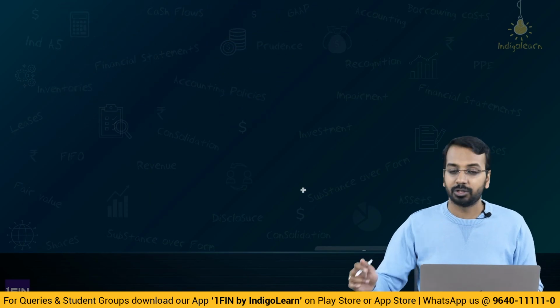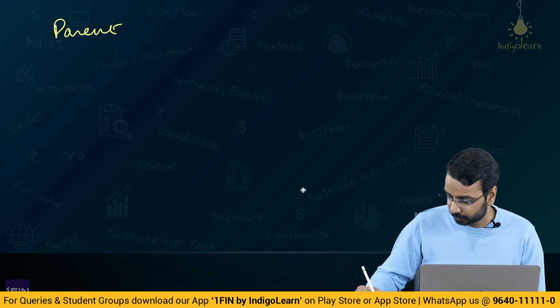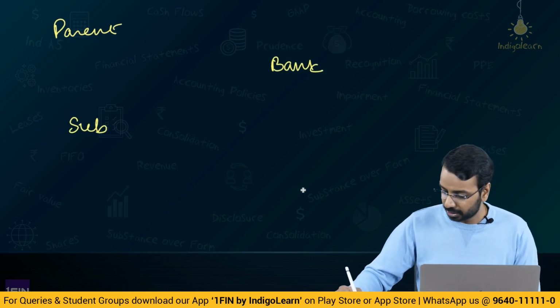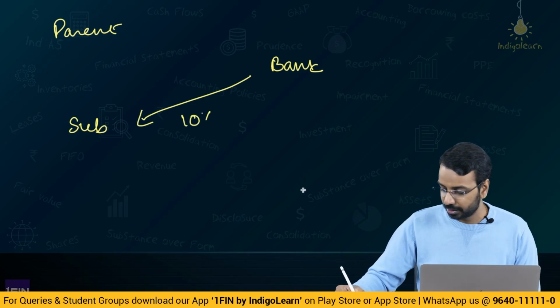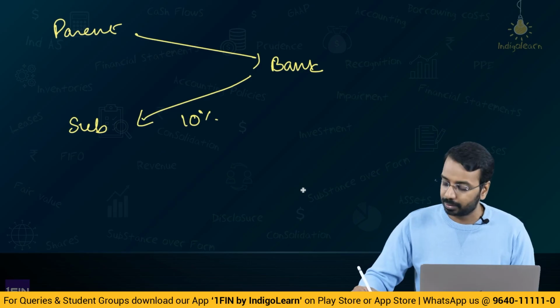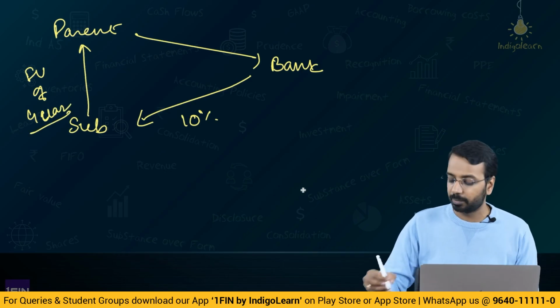Now, if it is difficult to visualize, think of this. Let us say there is a parent, subsidiary, bank. Subsidiary takes a loan from the bank at 10%. Parent gives a guarantee on behalf of the subsidiary, right? For this, for example, subsidiary pays the parent the fair value of the guarantee. Then what will the parent do?